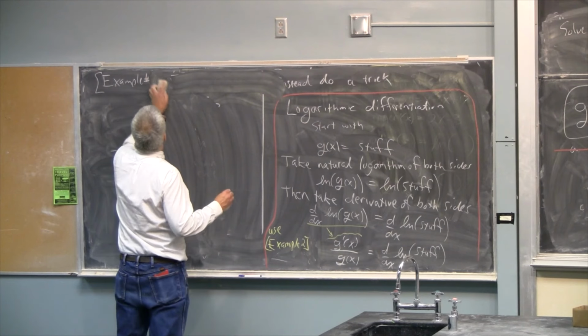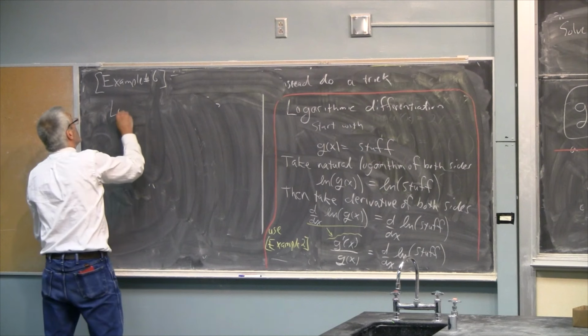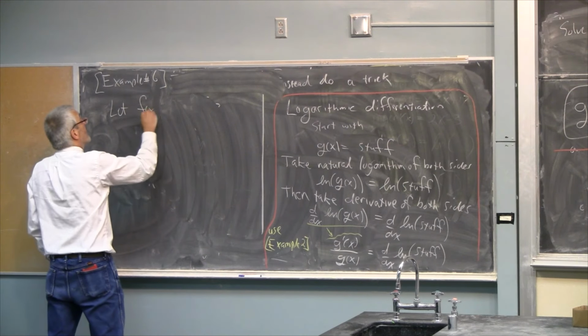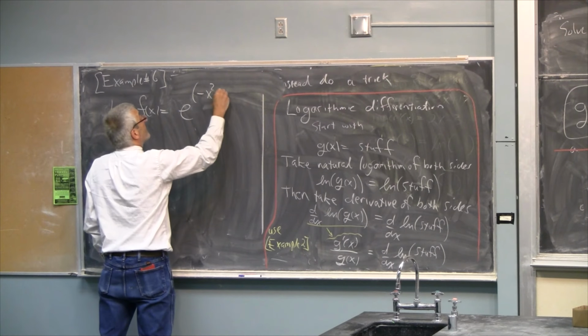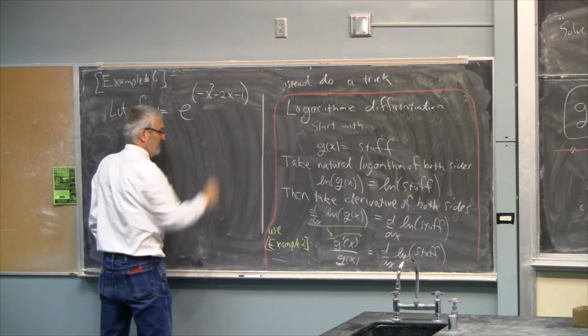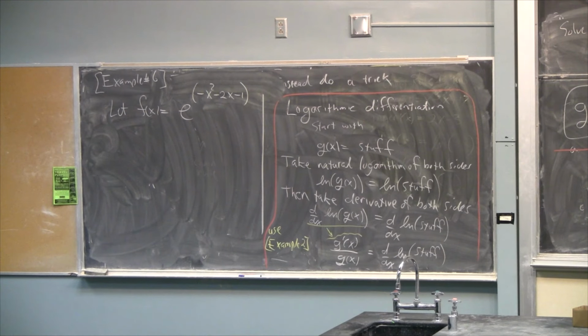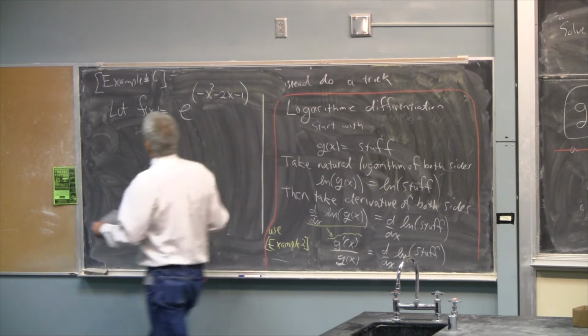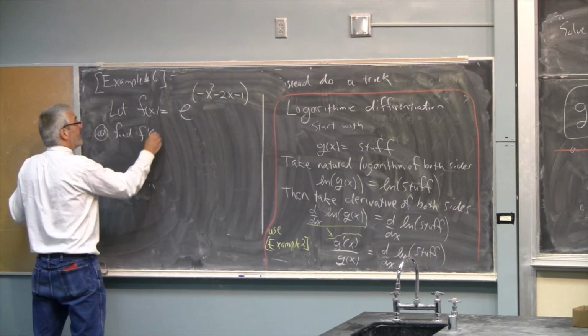Example, holy cow, we're up to 6 examples. Let f of x equal e raised to the minus x squared minus 2x minus 1. A, find f prime of x.